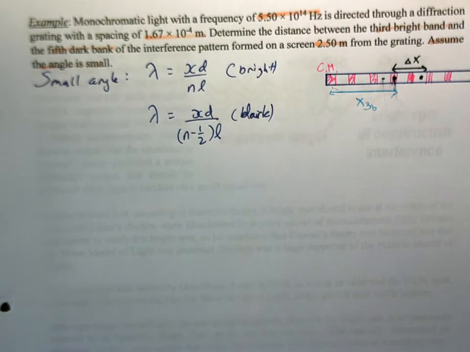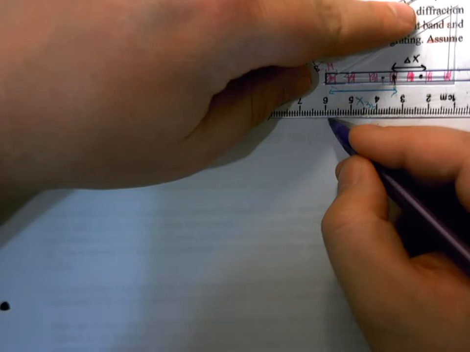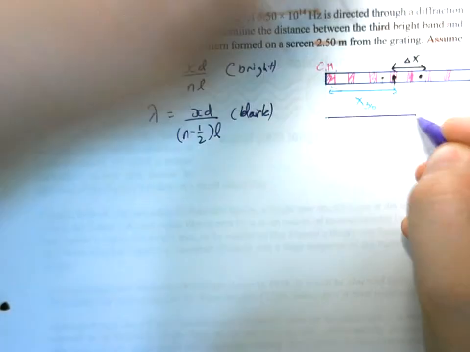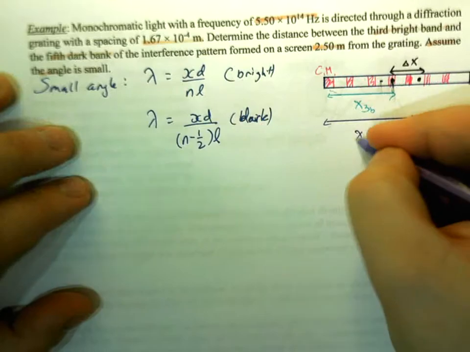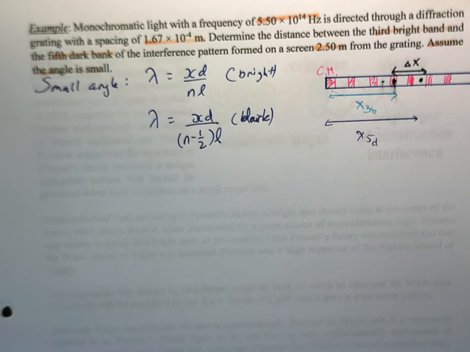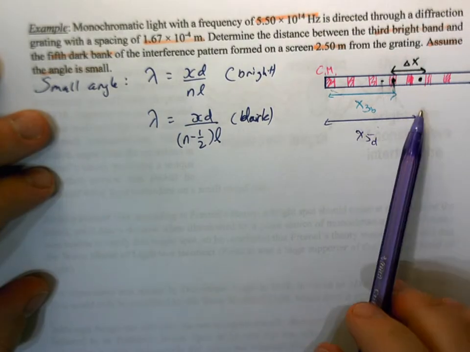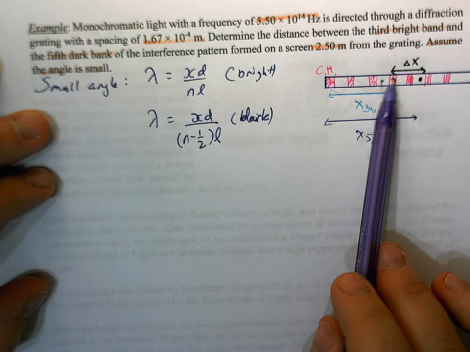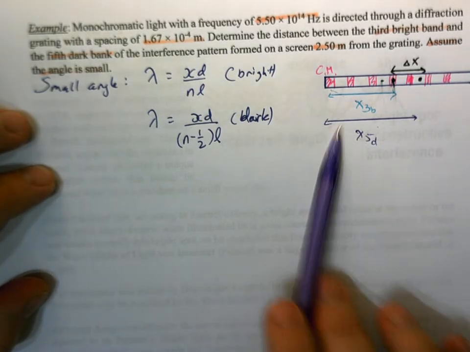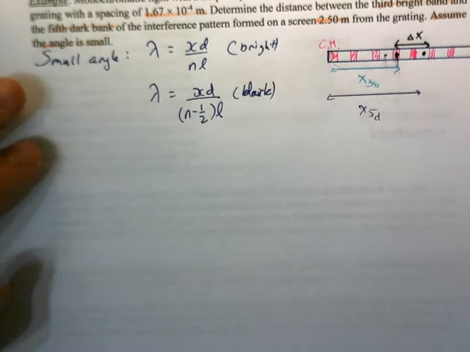And then if I use this equation for the fifth fringe, the dark one, that'll be the distance between the central maximum and the fifth dark fringe. So x5, and then I'll put a little d just for dark. So I can calculate those distances using my equation. If I know these two distances, I know that the difference between these two points is going to be the difference between these two distances. So I can calculate these. Let's calculate those x values.